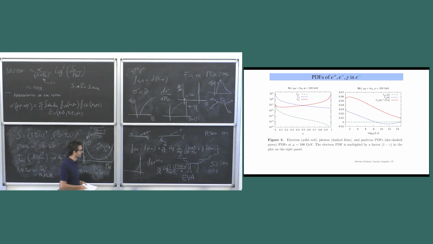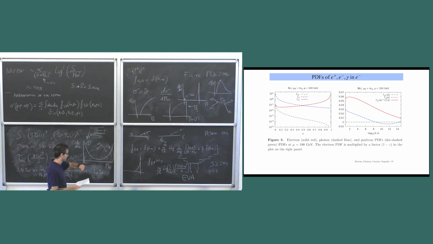Because this is a question that was not present before, because the energy of the collision, for example in an e plus e minus machine, has always been of the order of these electroweak vector bosons. So this was order 1, not order 1%. Similarly, the equivalent log of this quantity is very large.